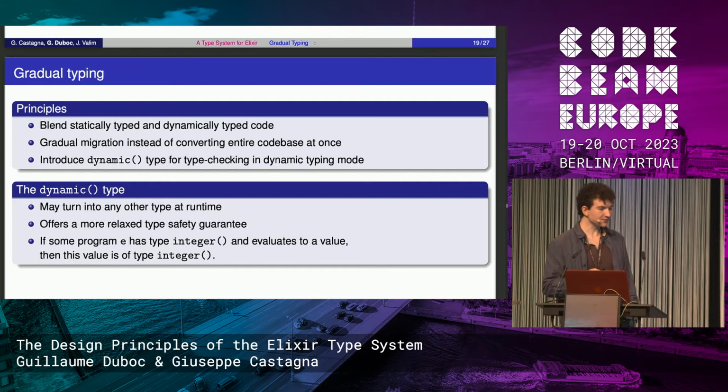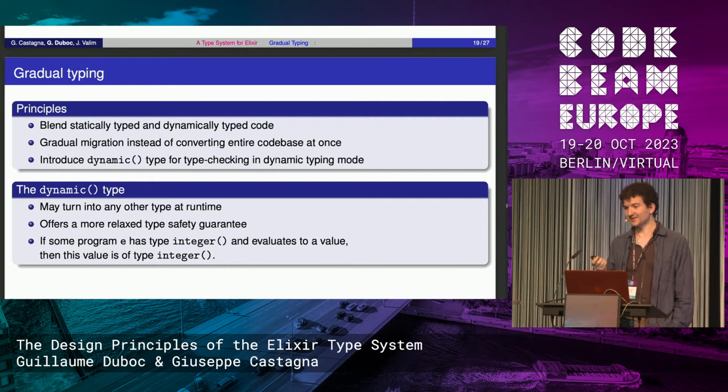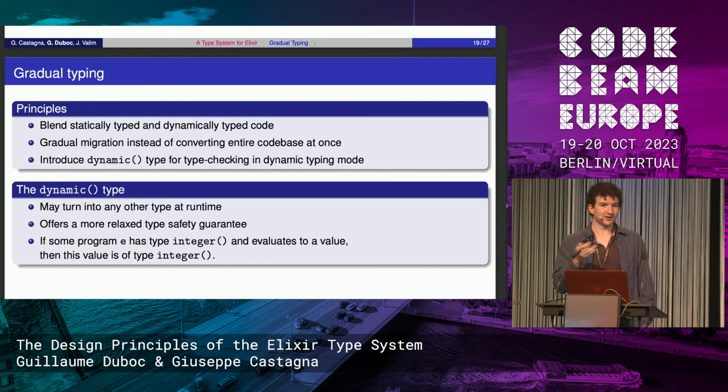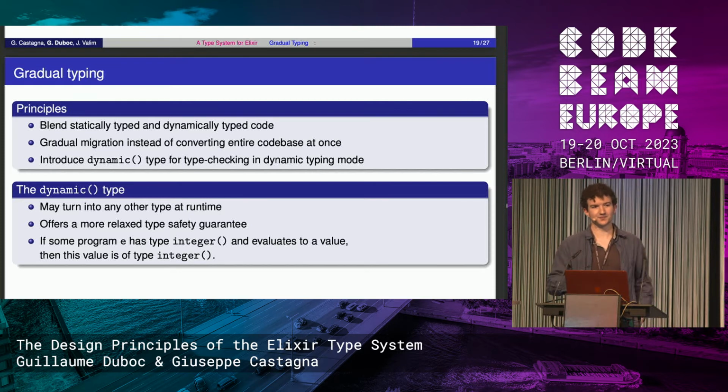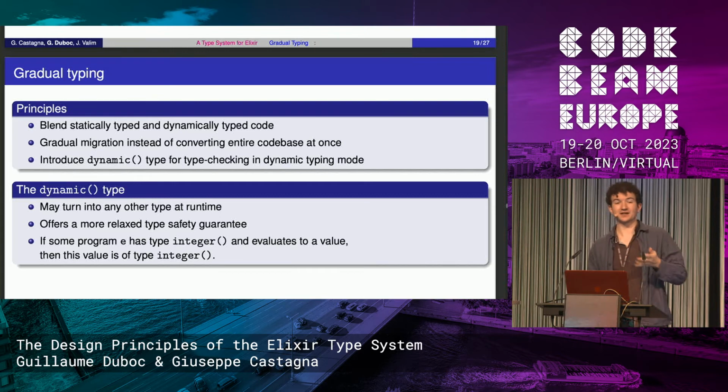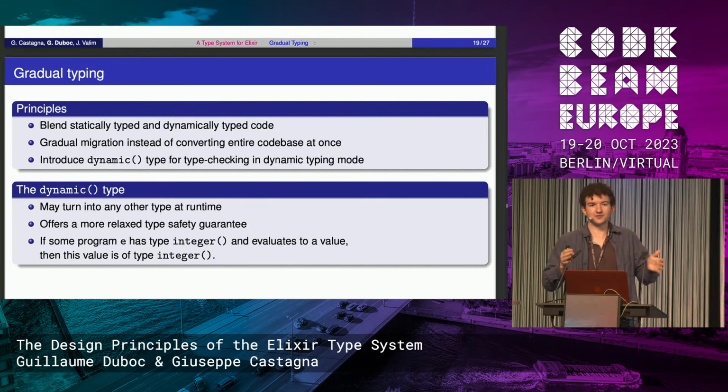And an idea that's been successful in, for example, TypeScript is to use gradual typing to achieve that. In our work, we would introduce the dynamic type to represent a type that can become any other type at runtime. And the question then is what kind of guarantee we give, because gradual typing can represent different things.